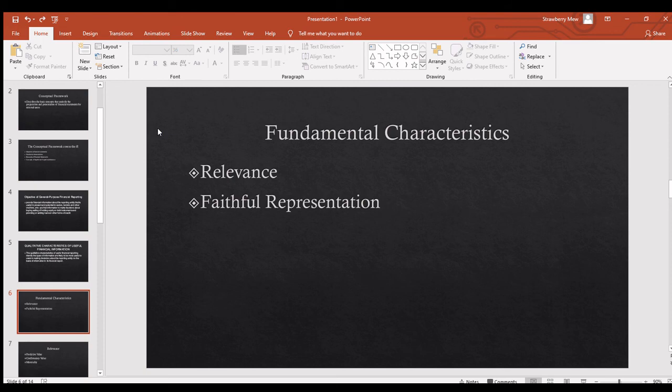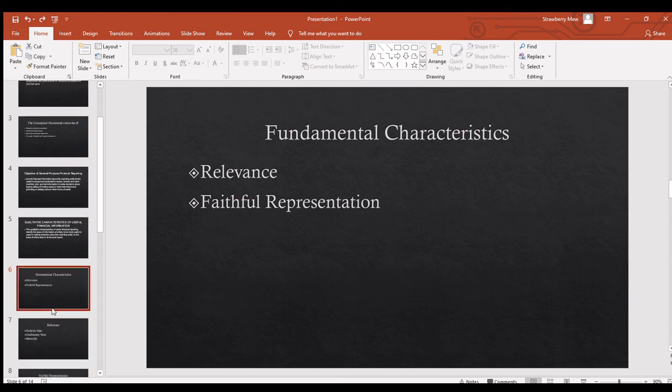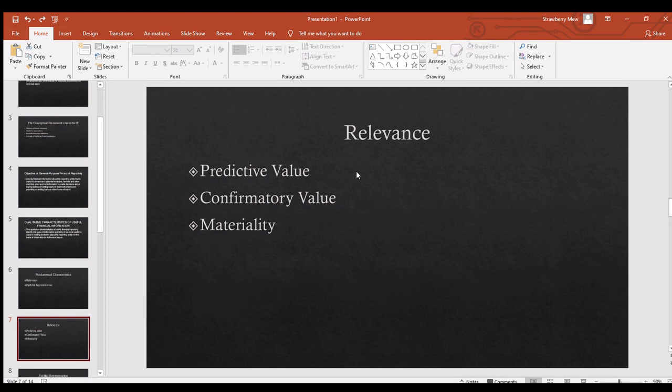Okay, so first we have relevance. Okay, relevant financial information is capable of making a difference in the decisions made by users.